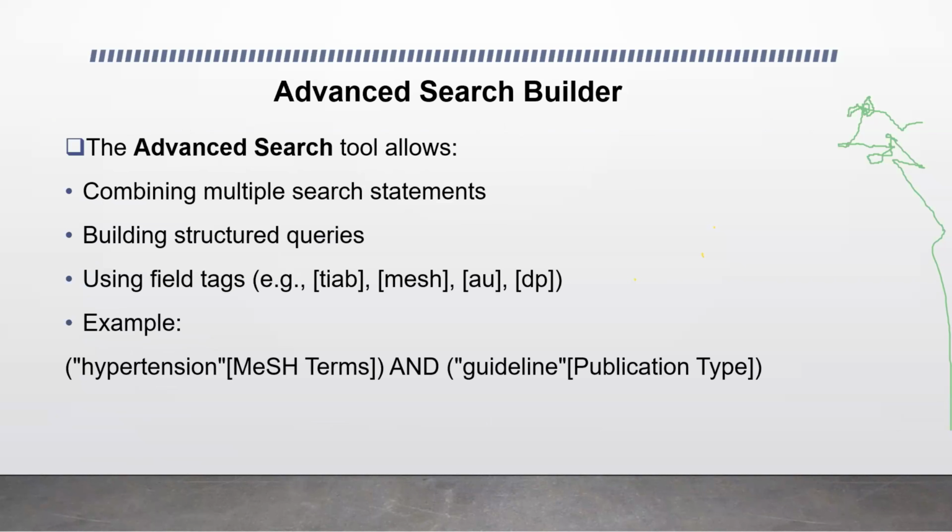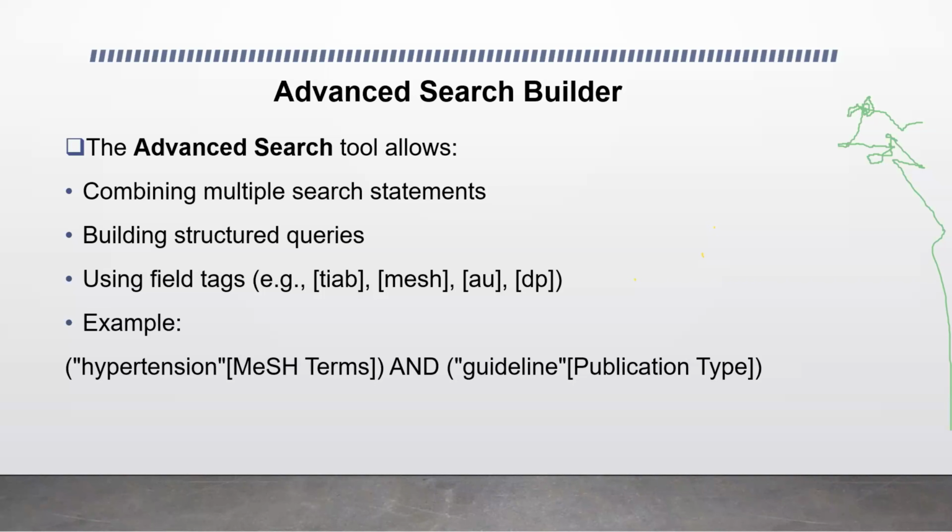And then the advanced search in PubMed is the one that is recommended while you are doing systematic search. The advanced search tool allows you to combine multiple search statements.